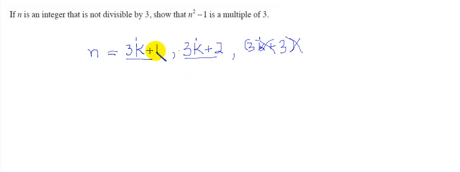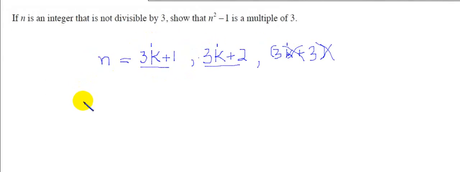Let's try the first one. The expression is n squared minus 1, so use 3k plus 1 instead of n, and then square it.